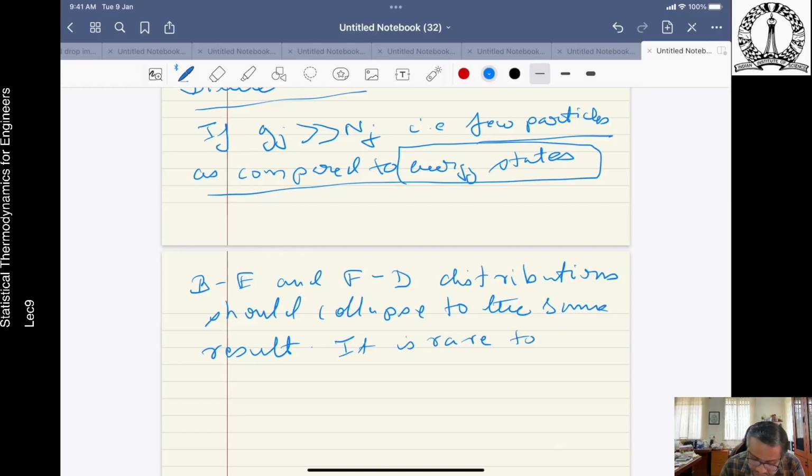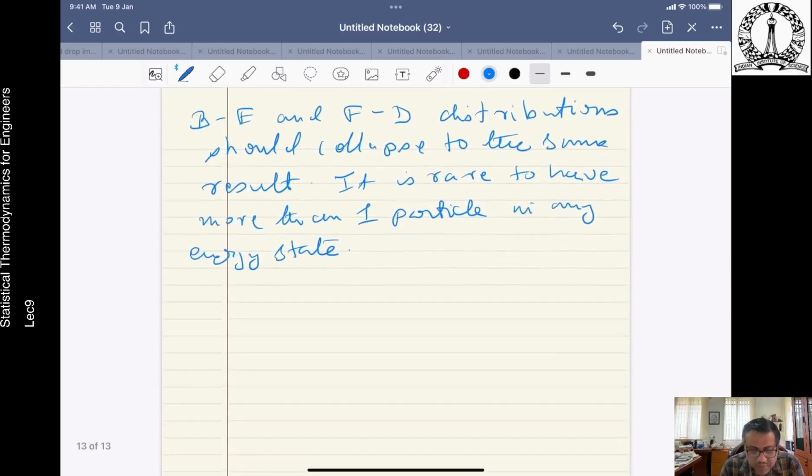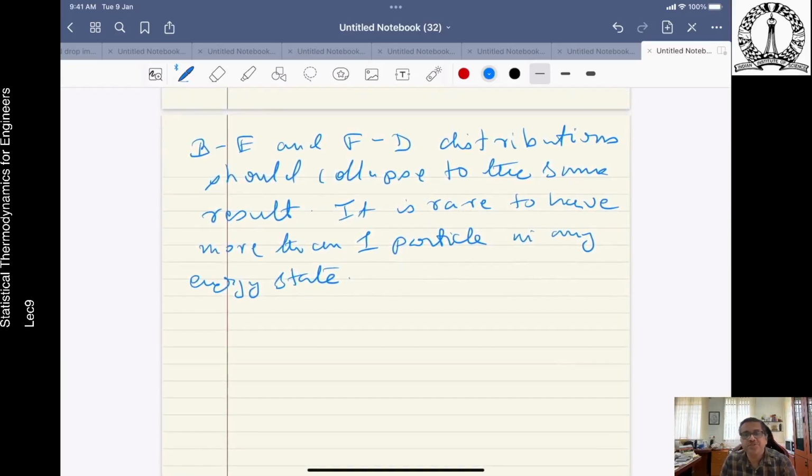to have more than one particle in any energy state. So the Bose-Einstein and Fermi-Dirac distributions should collapse to the same result.